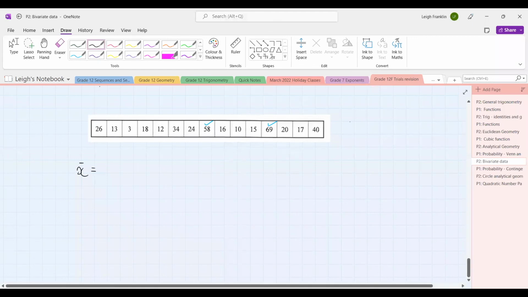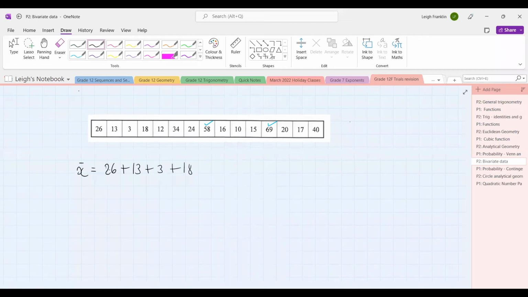Can you remember? Ma'am? Do we add all the numbers and then we divide them by the numbers that are in the sequence, ma'am? Yeah, so we need to divide it by the number of numbers.